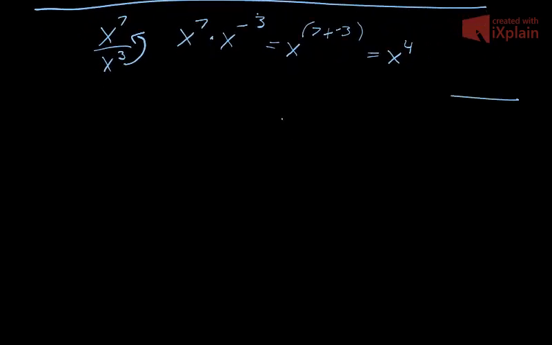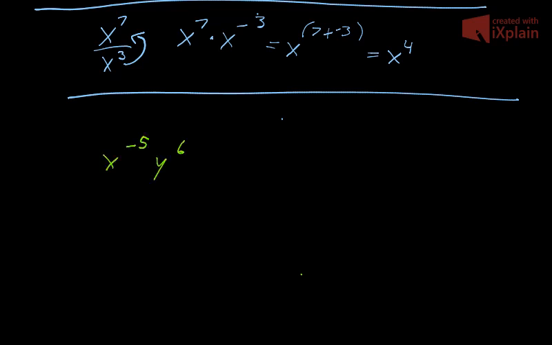And I want to make sure I show you all one that's a little bit more challenging, and that is x to the negative 5, y to the 6th, z over z to the negative 3, y squared, x.